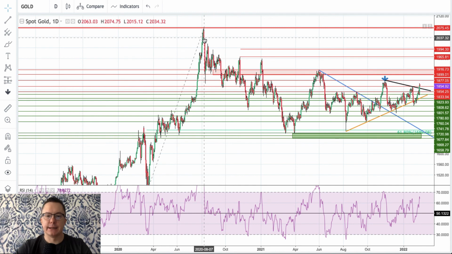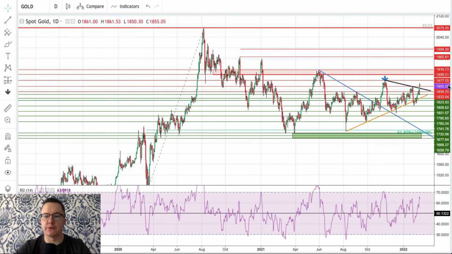The last high on gold was made at the beginning of August 2020, around the level of $2,075 as you can see. Then we have of course this decline, and that might be just the beginning of a bigger up move.